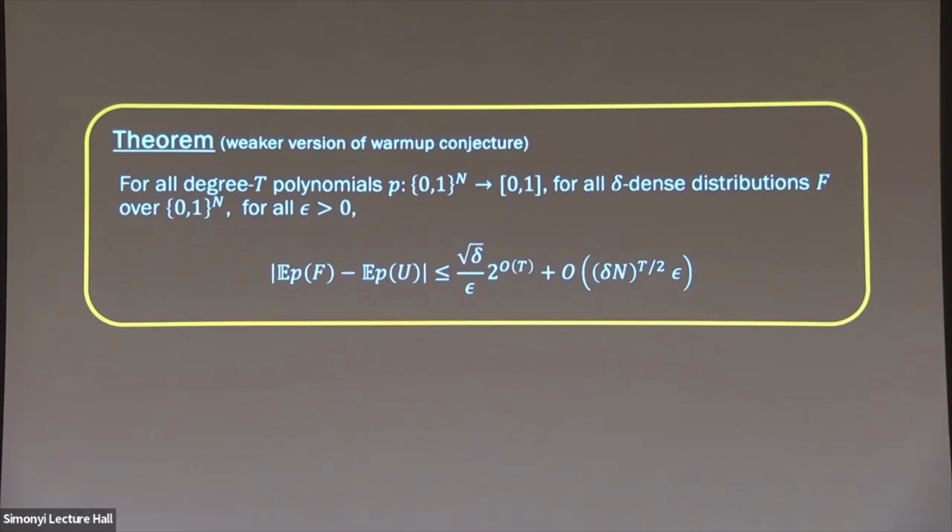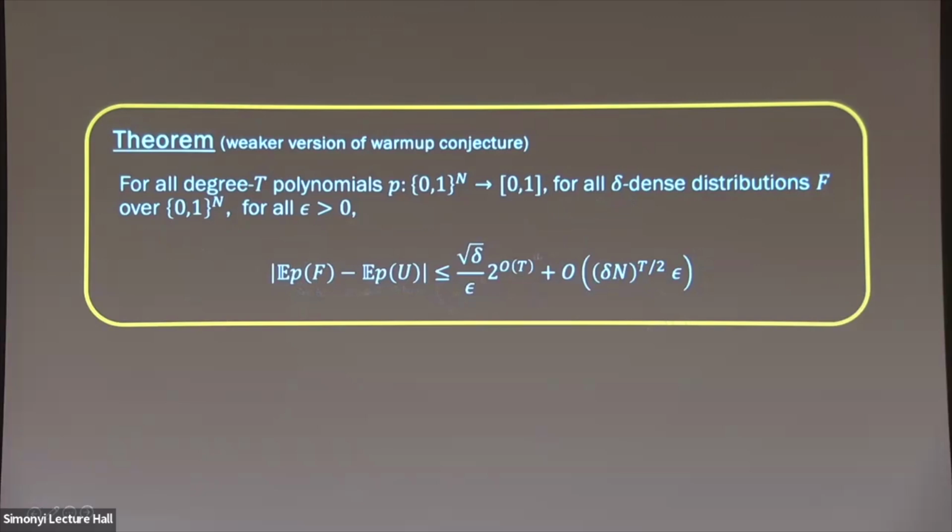All right. So something we do know is, can we get evidence for this warm-up pseudorandomness conjecture? And I can prove a version of it is true if you assume that the number of queries or the degree of the polynomial is small. So if you have a degree T polynomial P, then for any delta dense distribution F, the expectation of this polynomial on the dense distribution as compared to the uniform distribution is bounded by some quantity.